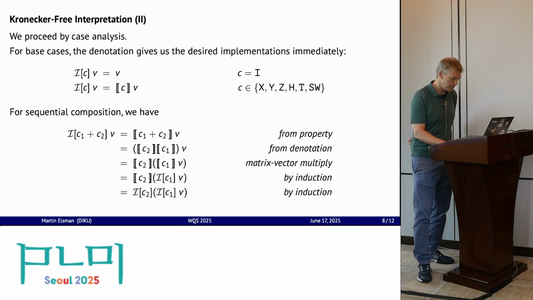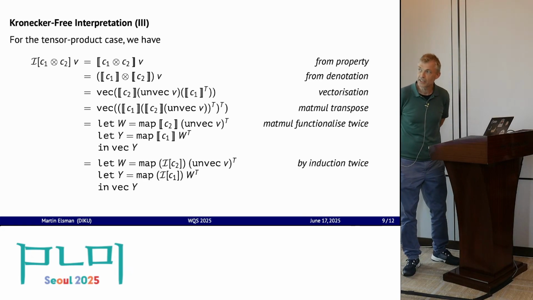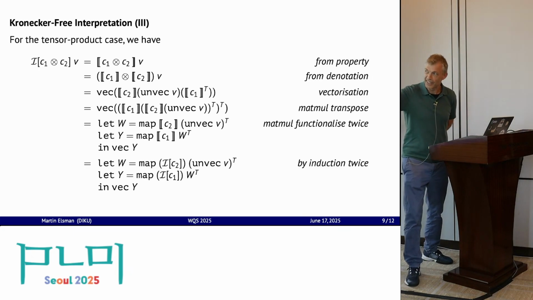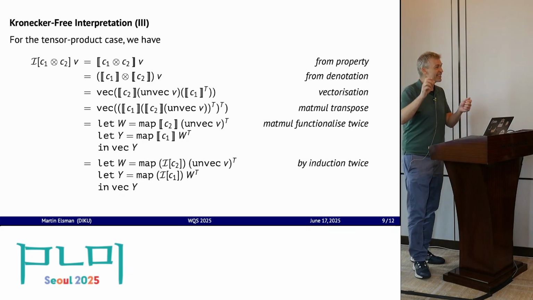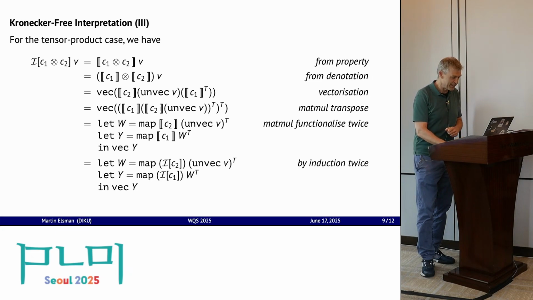Okay. For the tensor product, this is where we are going to use the vectorization trick. It turns out that based on the semantics, we can use the vectorization trick here to get this equation. Then we use properties of matrix multiply and the transposition. And I understand here, of course, it might be difficult to track the number of transpositions you're doing. But if you're steady on paper, you will get the right number of transpositions.